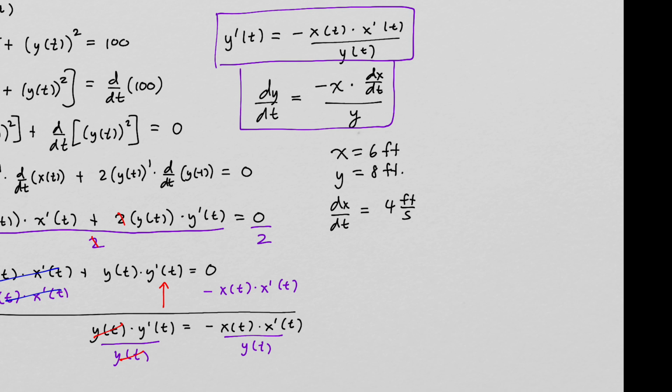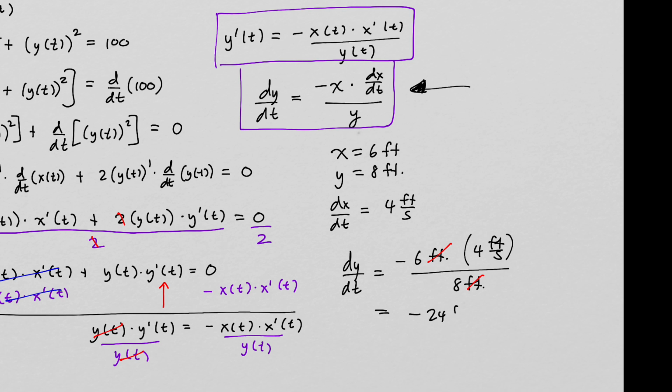So if we plug these in, and I'm using this formula here, we have dy/dt is equal to negative 6 feet multiplied by 4 feet per second divided by 8 feet. And if you do the math on this, the feet cancel out here, and you have negative 24 feet per second divided by 8. And this, of course, is negative 3 feet per second. And that's the solution to the problem.